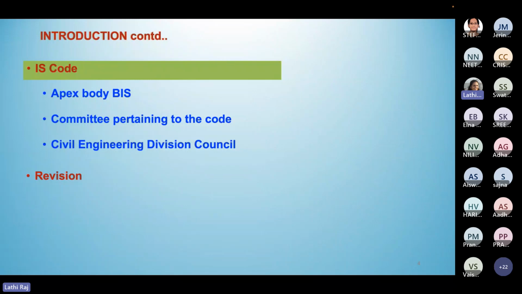These codes we use quite often. Regularly there will be feedback coming from the design industry, from the construction industry, and from the research area. Based on that feedback, they review the clauses and they make some amendments. So these are coming as amendments pertaining to certain clauses only.